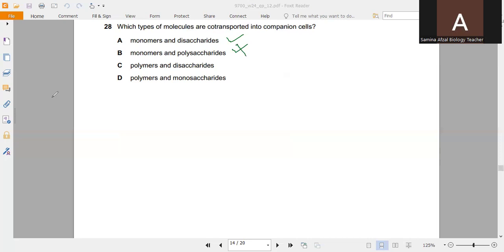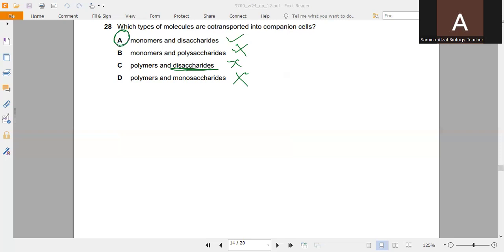Polymers and disaccharides. Disaccharides are carbohydrates. Polymers are not carbohydrates. Food is manufactured in the form of carbohydrates, not in the form of polymers, which can be any type of larger molecule. So again, this is not the correct option. Polymers and monosaccharides, not. So only A is the correct option in this case.